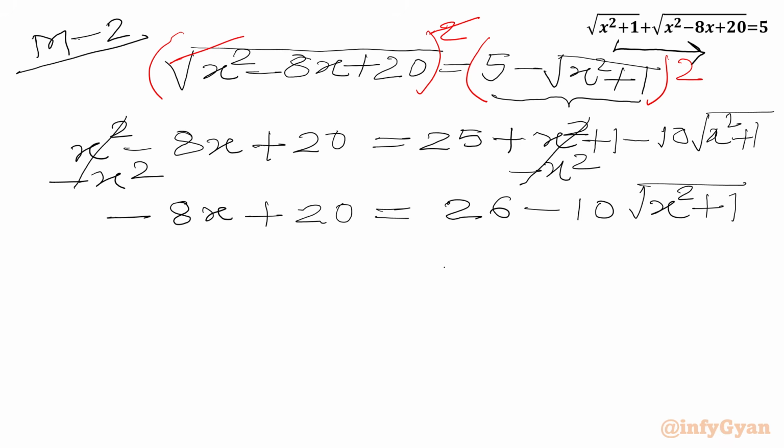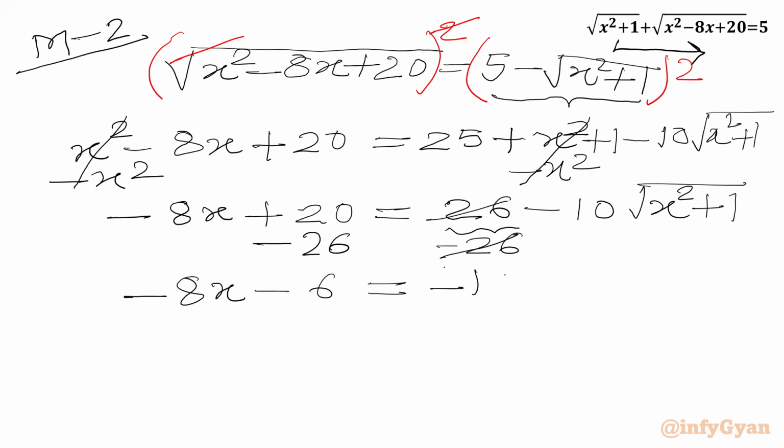Now here we have 26, here we have 20. So let's subtract 26 from both the sides. So we can cancel 26 from RHS, and in LHS we will get minus 8x plus 20 minus 26, which is minus 6, equal to minus 10 times the square root of x square plus 1.